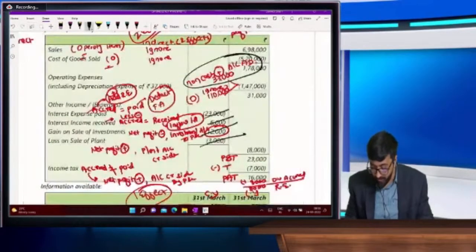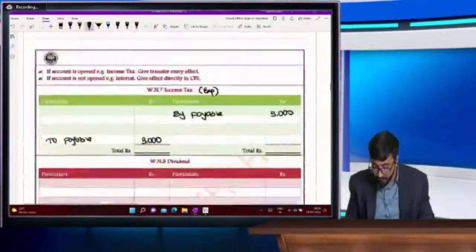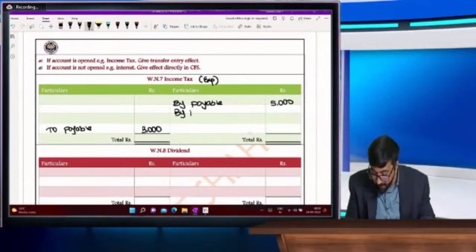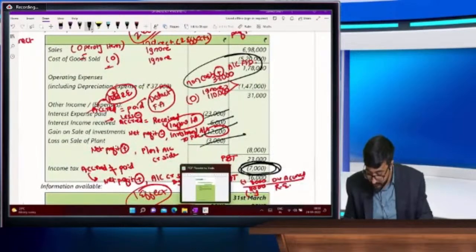Already covered in incomplete records. Income tax. Income tax account by P&L. This is accrued, by P&L 7,000.